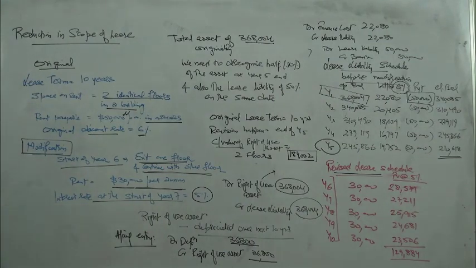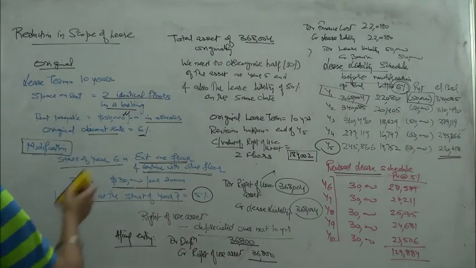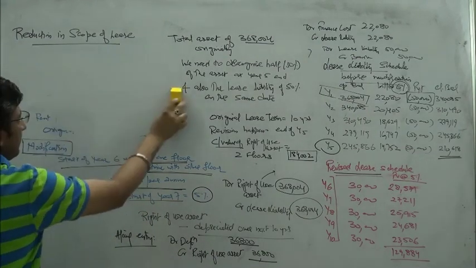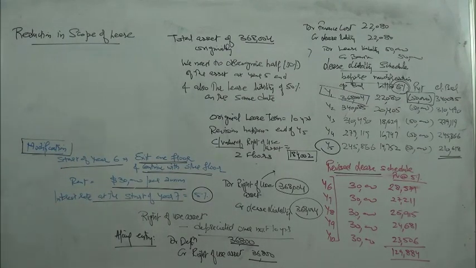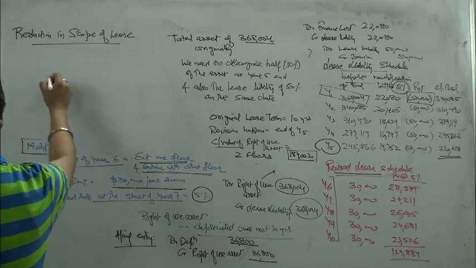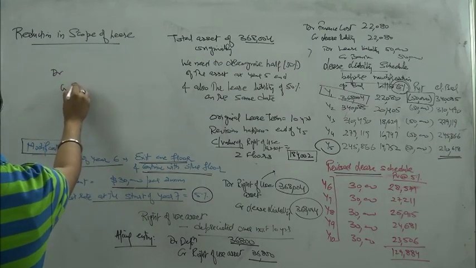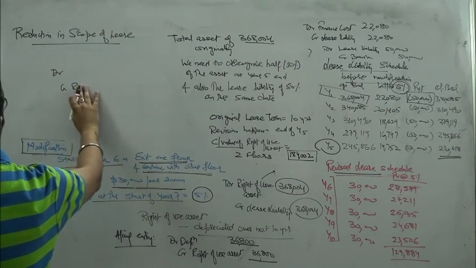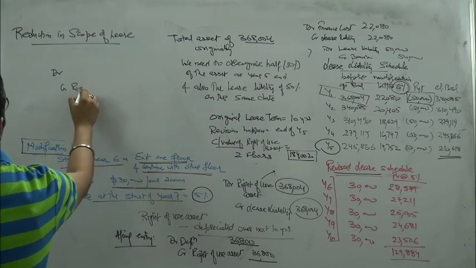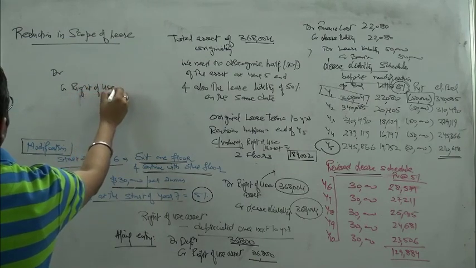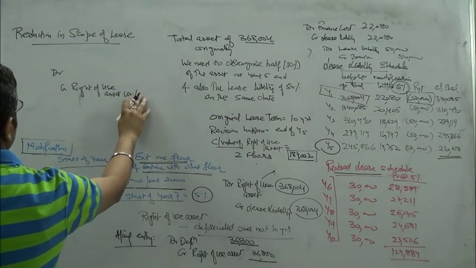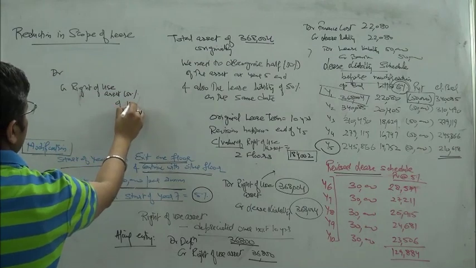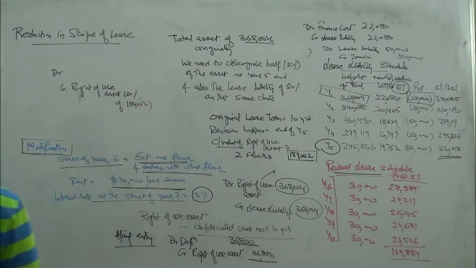And then now we are saying when we have got these 2 floors carrying value, since one needs to be extinguished, one needs to be de-recognized, we are saying credit right of use asset, which is 50% of 184002.